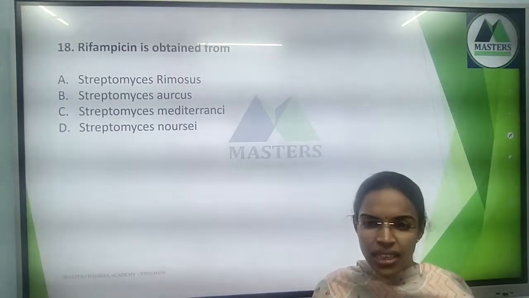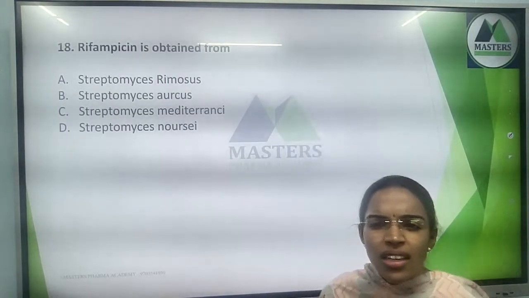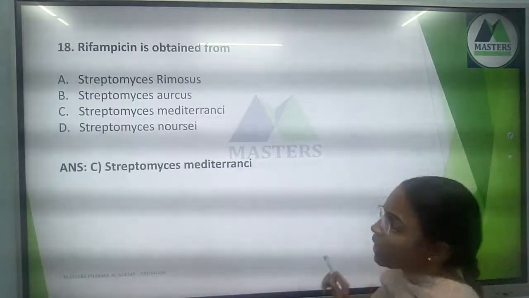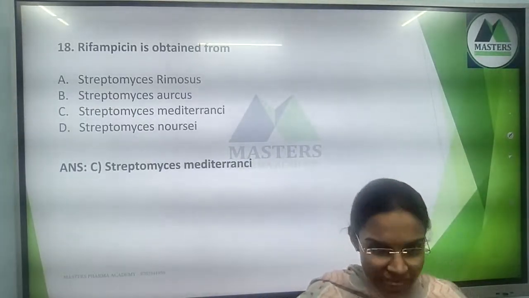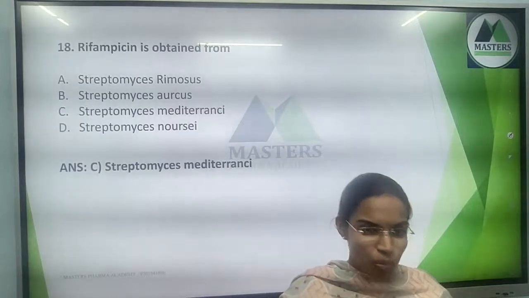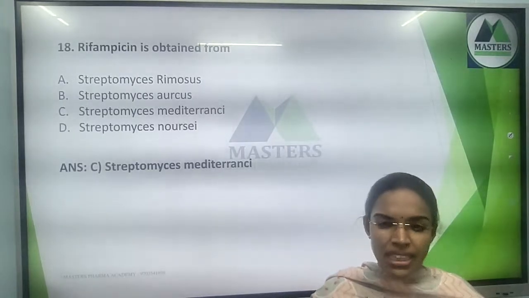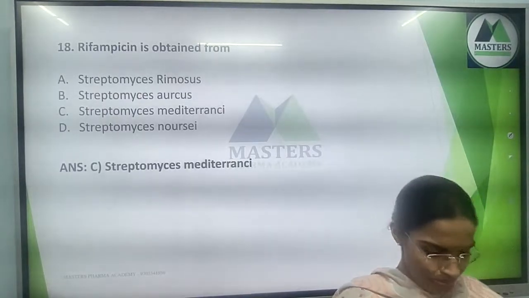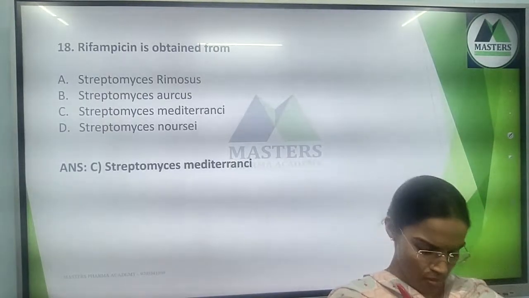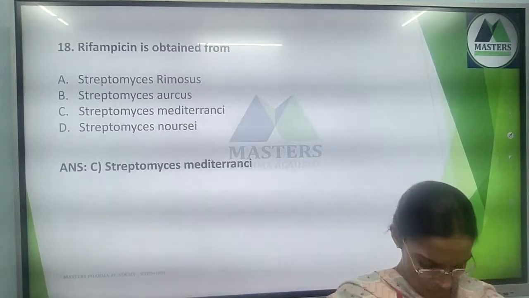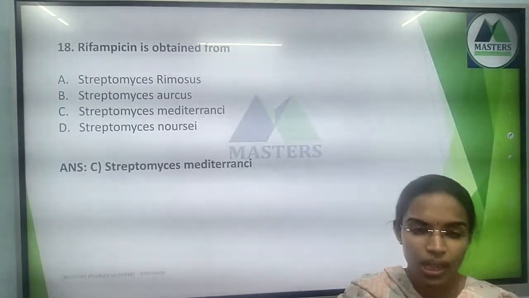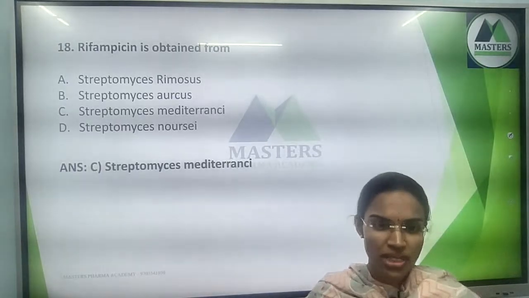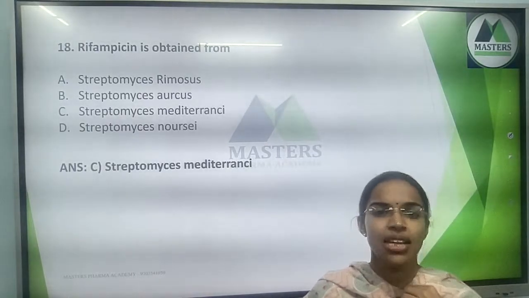The right answer is Streptomyces mediterraneae. So rifampicin is obtained from Streptomyces mediterraneae.